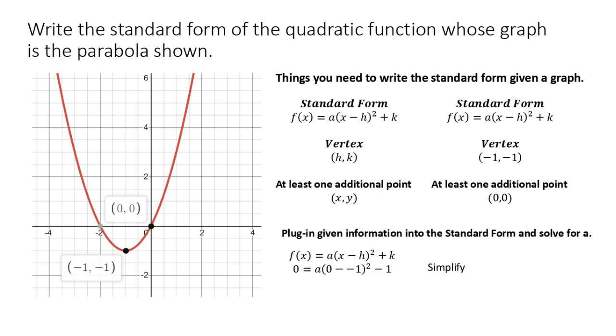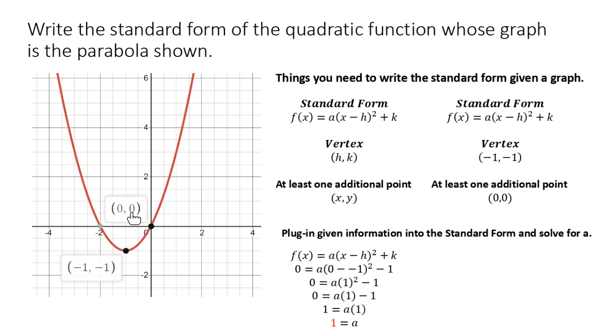So once I do this, again, I am plugging in the values. The a is not given here, it's not shown, so I'll just leave it as the variable a. I have 0 minus the minus 1 squared, the minus 1, right? Actually, sorry, I'm using 0 from a point that's going through the graph, right?